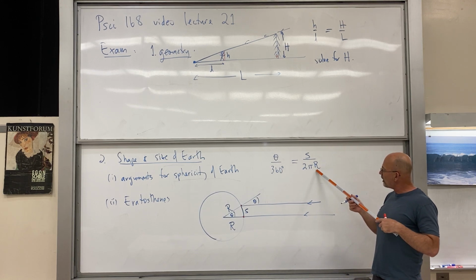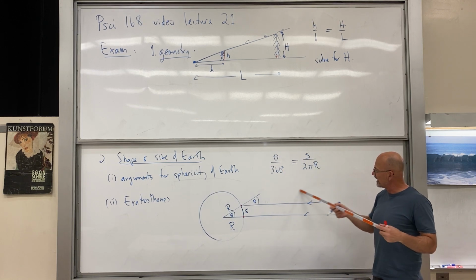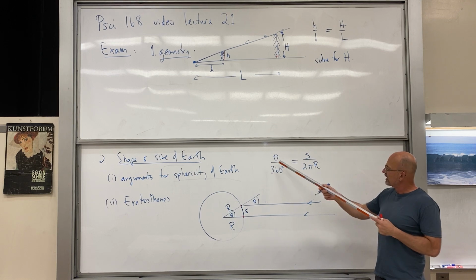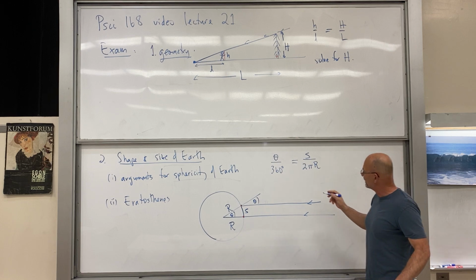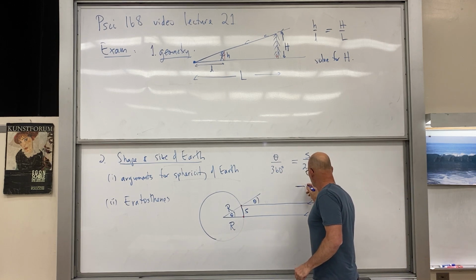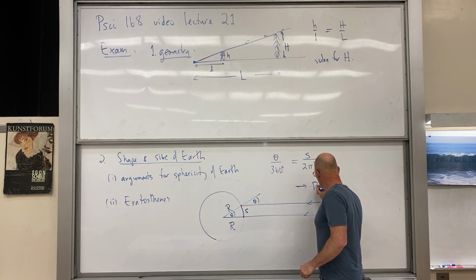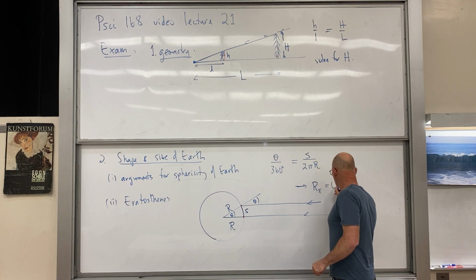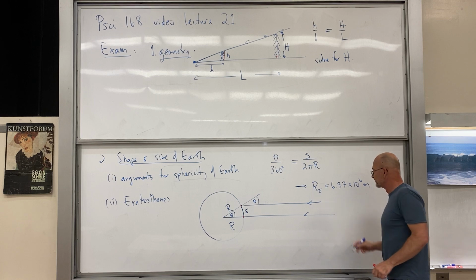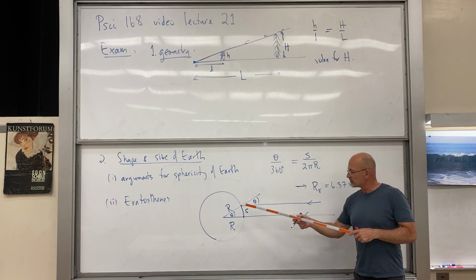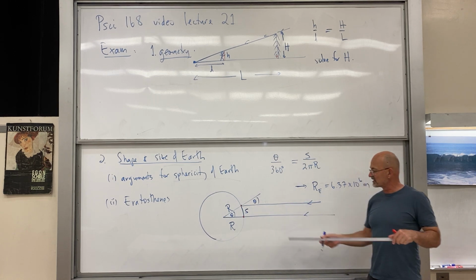And when you solve this simple equation for R and plug in the angle that was measured, then you actually find that the radius of the Earth is 6.37 times 10 to the 6 meters. So really, this is one of the all-time great problems in calculations.